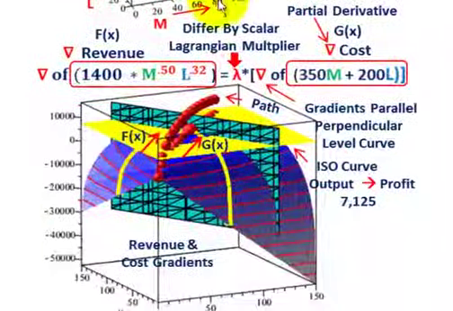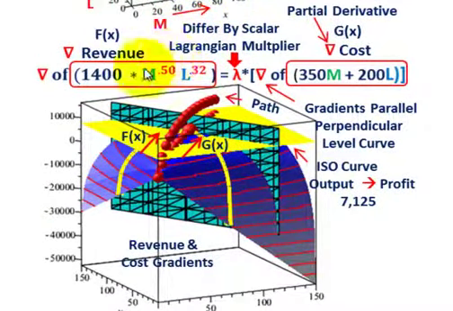And then let's go down over here. Okay, so let's put our equation in here. This is the revenue, and this little sign here is our gradient, the partial derivative of the revenue part of our function. We take the partial derivative of that. That gradient has to be equal to, and the key is, the Lagrange multiplier times our partial derivative of the cost part of our function.